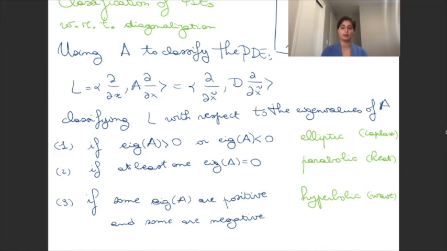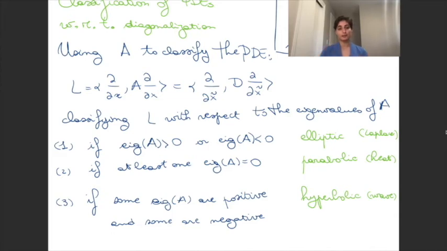By diagonal, I mean that it's the inner product between ∂/∂x̃ and a diagonal matrix D times ∂/∂x̃. So now we have L only depending on the eigenvalues of A.